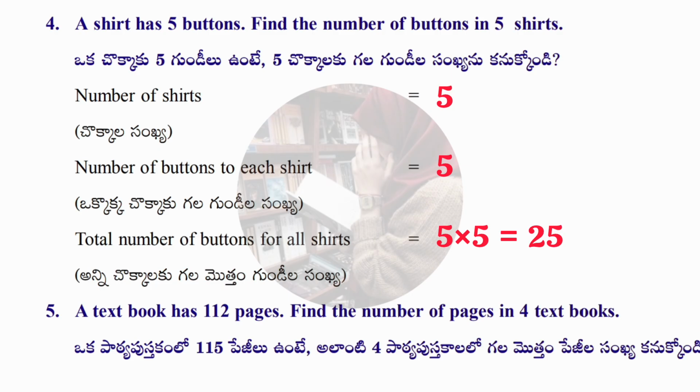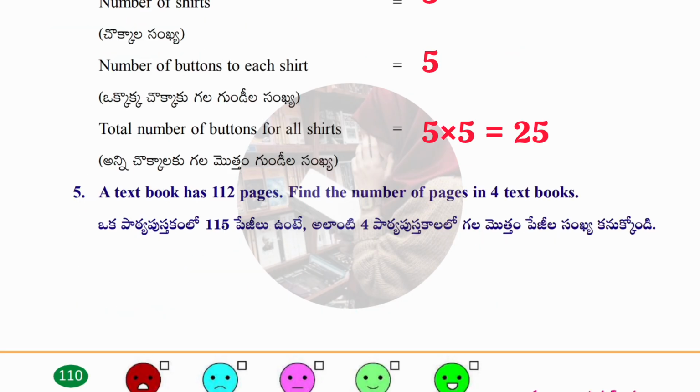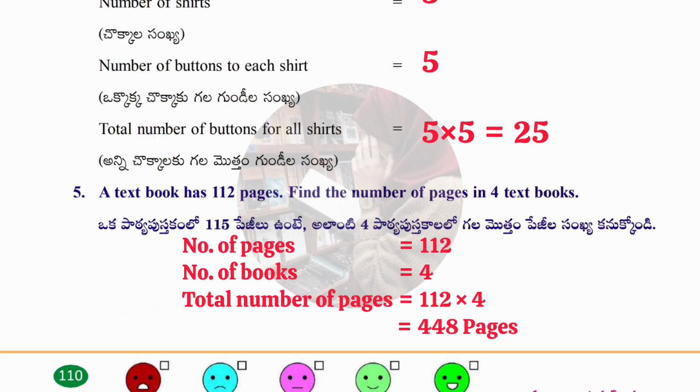Got it? Let's move to the next question, which is a textbook has 112 pages. Find the number of pages in 4 textbooks. Okay, let's see the answer. Here given, what we have given, just write it down. So number of pages is 112.